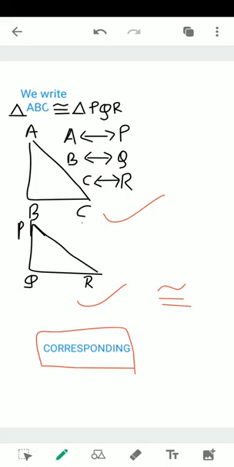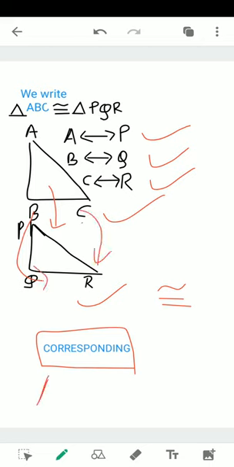A corresponds to P, B corresponds to Q, C corresponds to R. This correspondence is very necessary in this section because I can say triangle ABC is congruent to triangle PQR only if A corresponds to P and B corresponds to Q and C corresponds to R.